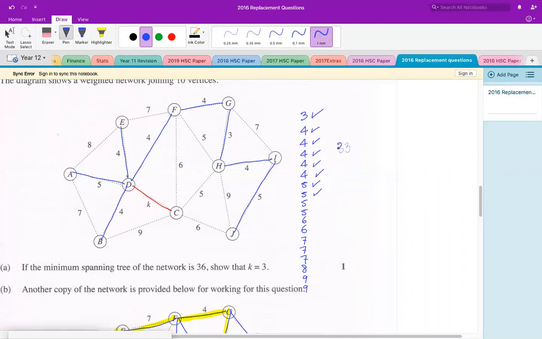The reason why it's 33 is because I want to leave a space of exactly 3 for k, and I see if that's valid. So once I've ticked all of them, I just highlighted them on the graph. And then I see that all I needed was connecting D to C, right? So it was just this part that I need. And this could just be equal to 3.